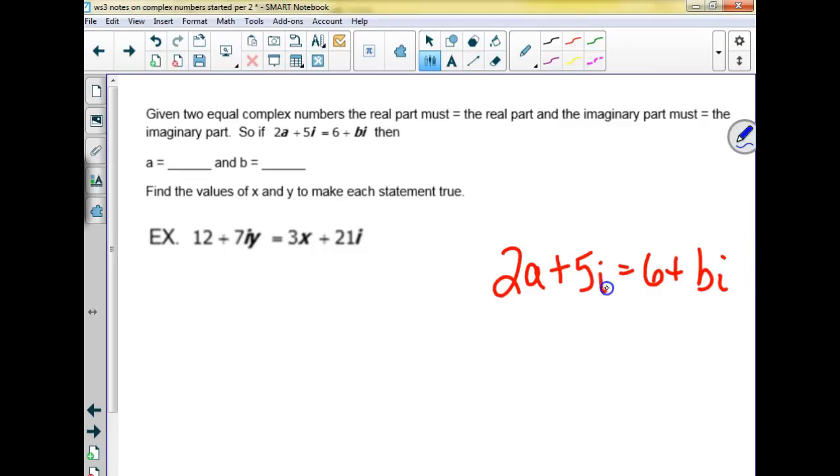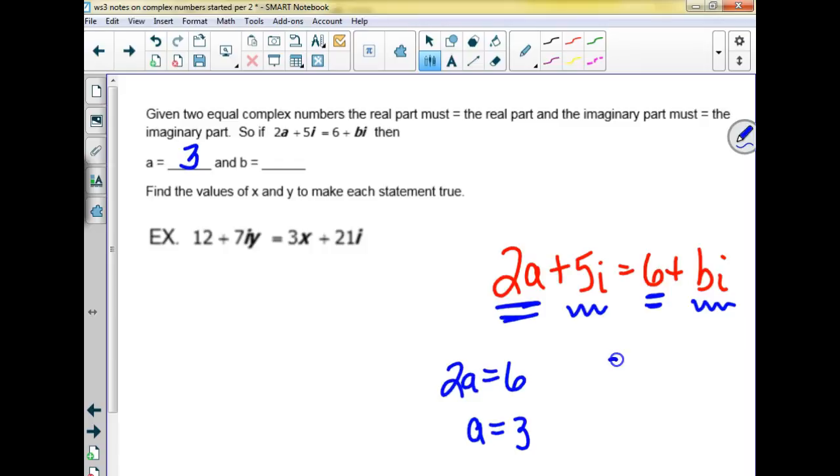But what's real on this side is a 6, and what's real on this side that doesn't have an i is a 2a. So if 2a has to equal 6, then a has to be 3. That's it. And the imaginary part is 5i, and the imaginary part on this side is bi. So if 5i equals bi, then 5 has to equal b.